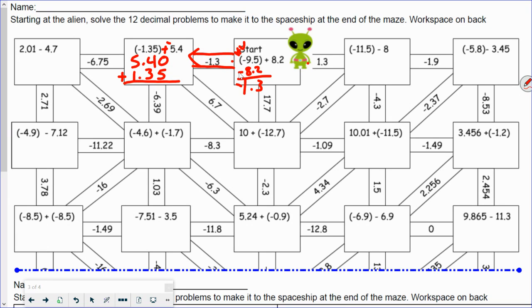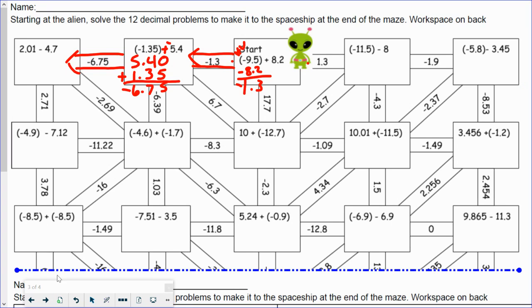I know because it ends with a 5 right here, 6 and 75 hundredths, and because both of them are negative, so is my solution. So I'm going to go to the left again. Okay, so I'm going to go ahead and finish that up.